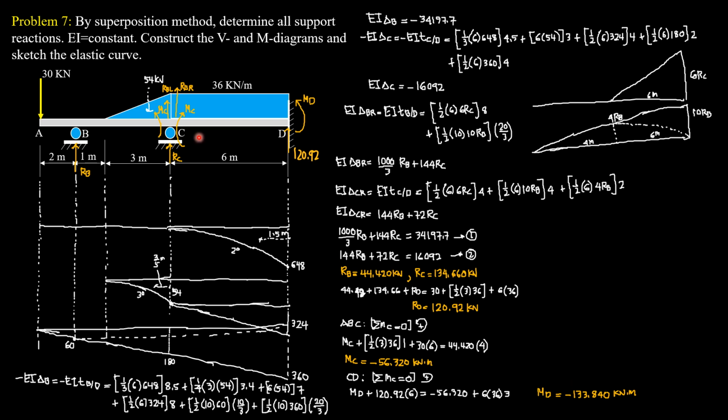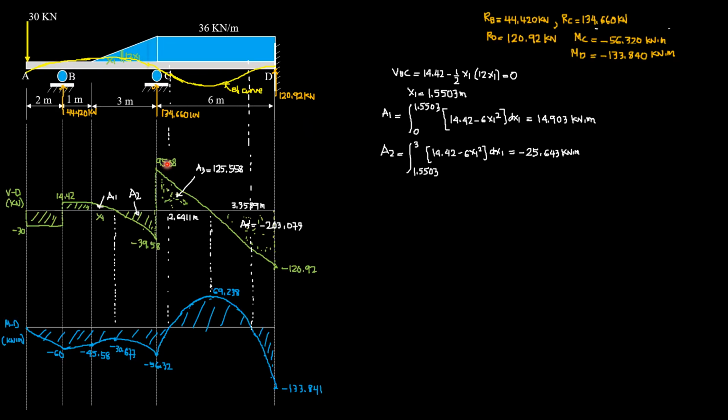Then we sketch the shear diagram and moment diagram. We construct the shear force and the bending moment diagrams and sketch the elastic curve on the next slide. So here is now the shear diagram. Beginning with downward negative 30, shear diagram in kilonewtons, negative 30, then constant plus RB, which is 44.42.